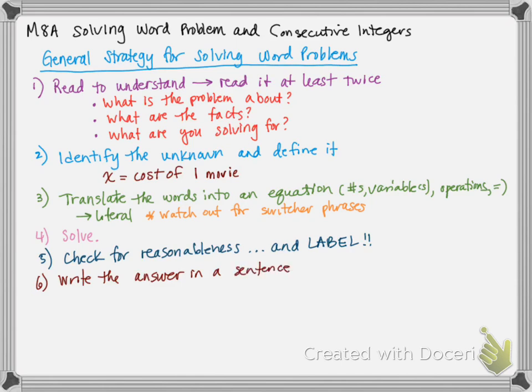Okay. So now what we're going to do is talk about consecutive integers, but I'm going to do it on a new screen just so I can have room to do it. And you guys have to understand what that phrase means, consecutive integers.